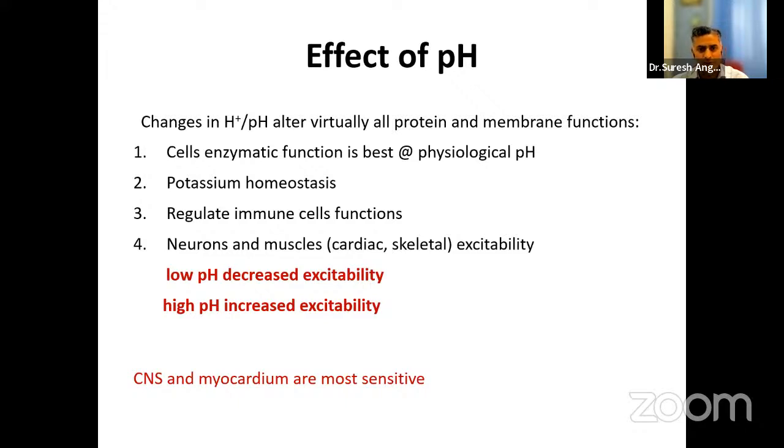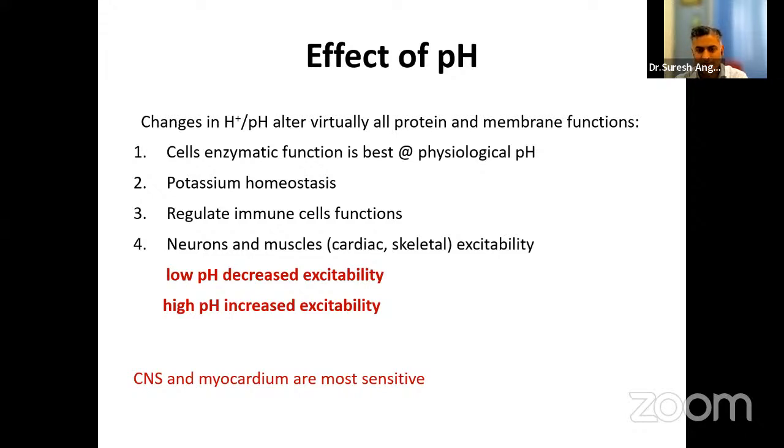So what are the effects of pH, or why are we worried about acid-base status in the body? Because hydrogen ion or pH virtually alters all protein and membrane function if they are altered. In case of alteration in pH, cellular enzymatic functions may be impaired. There may be impairment of potassium homeostasis. The immune cell function may be compromised.